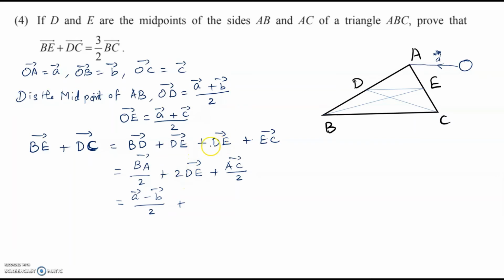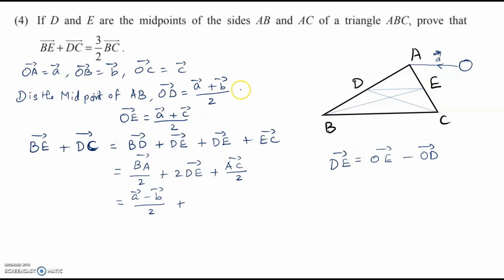Next, what we're going to do is define this vector DE. Now we know that DE vector can be defined as minus OD plus OE. So I can say OE vector minus OD vector. Okay, so it's very simple. DE vector is minus OD plus OE, so I'm putting it as OE minus OD. It's just we're bringing everything back to the position vectors.